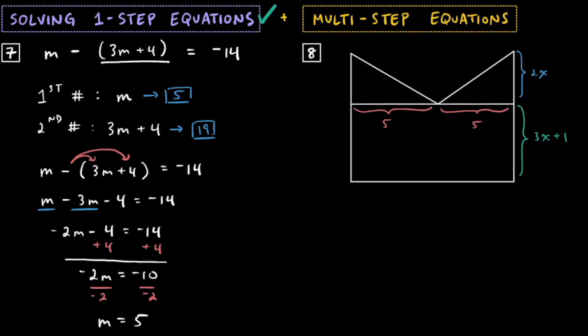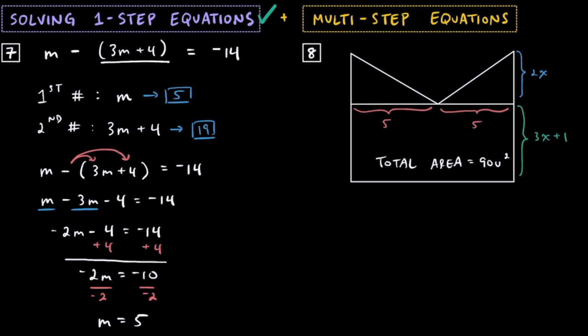Besides that, I'm going to say that the total area of all the shapes combined, the triangles and the rectangles, is going to be 90 square units. So we need to find out the value for x here.